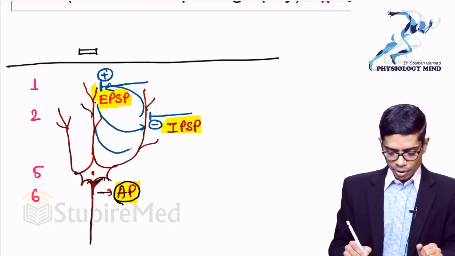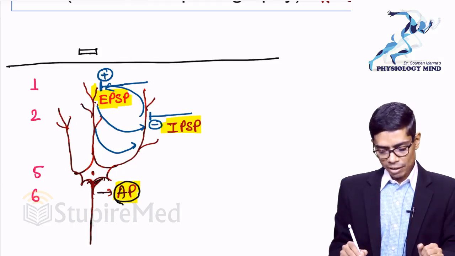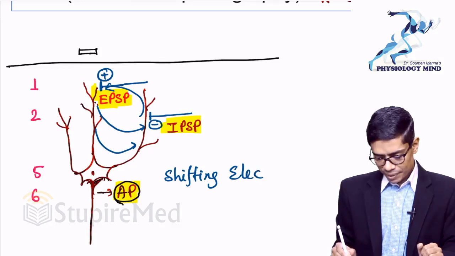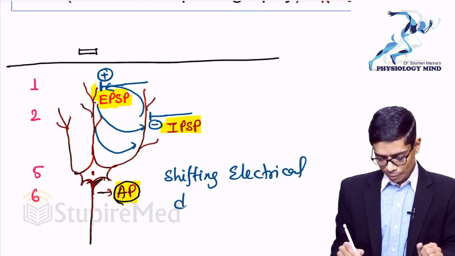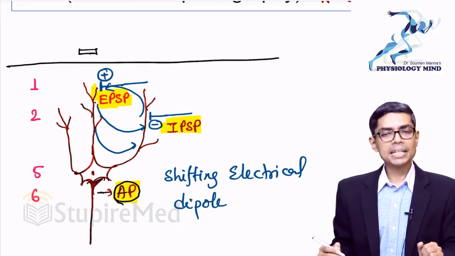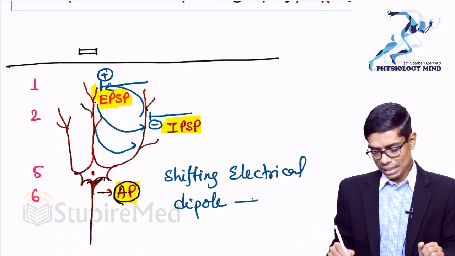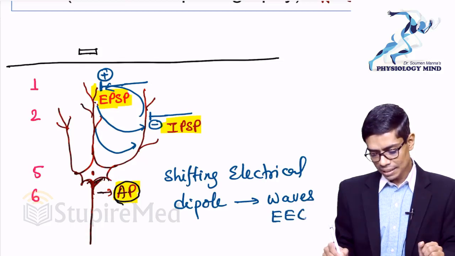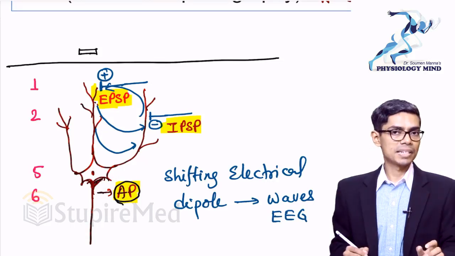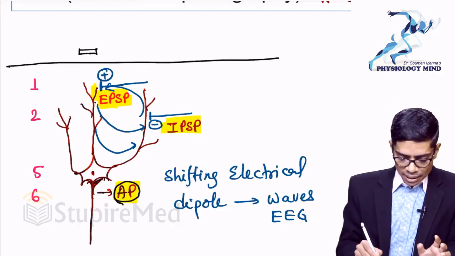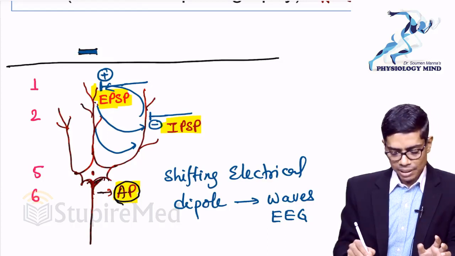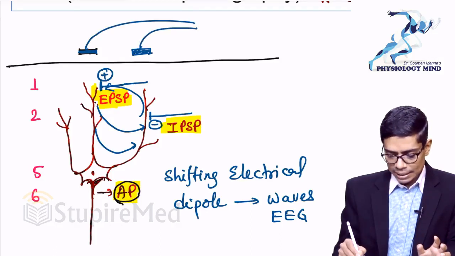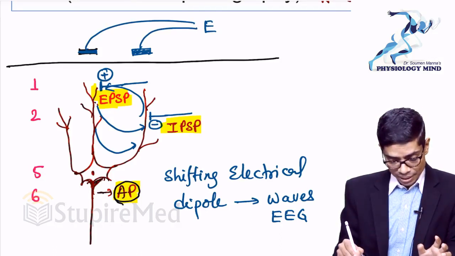Because of this flow of current, there will be a shifting electrical dipole, and this shifting electrical dipole will give rise to various waves in EEG, right? So basically, if I place an electrode on the surface of the scalp like this, I am going to get certain electrical activity, EEG.